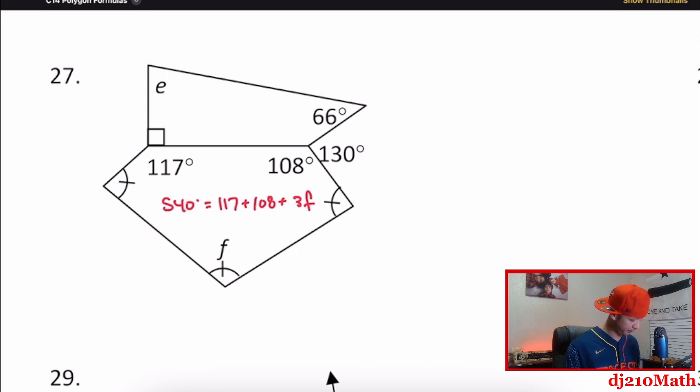So 540 minus 117 minus 108, 315 is equal to 3F. Divide both sides by 3, and then F is equal to 105.